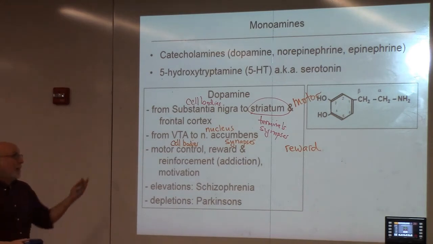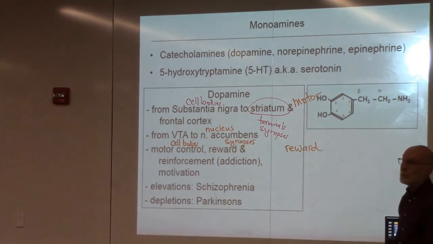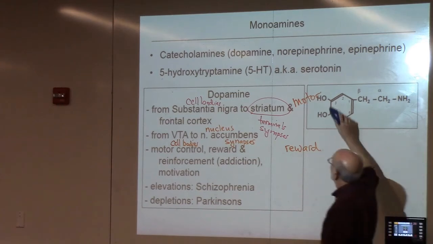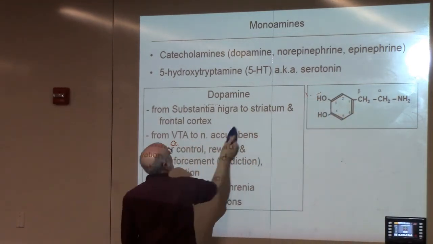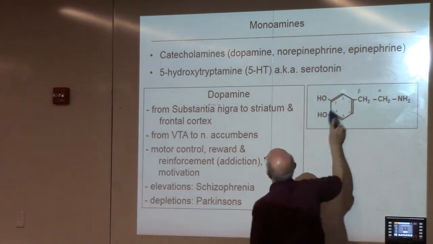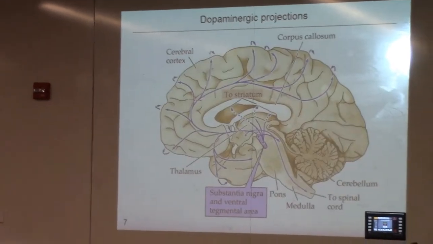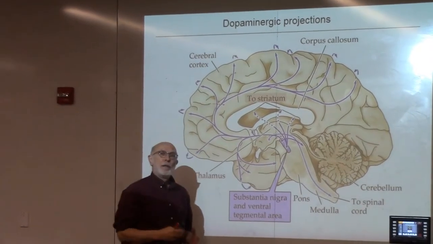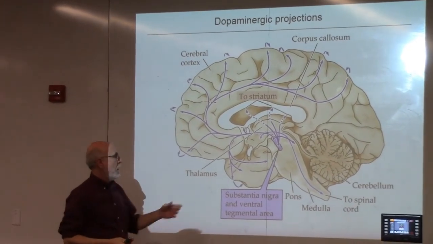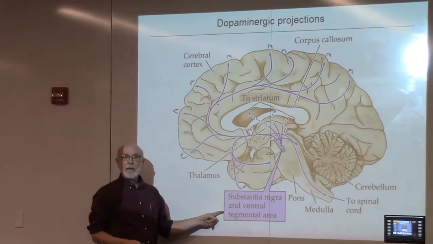Questions about dopamine? And here's the structure of dopamine. It's a catecholamine. The dopaminergic pathways, their cell bodies are in the substantia nigra and VTA.